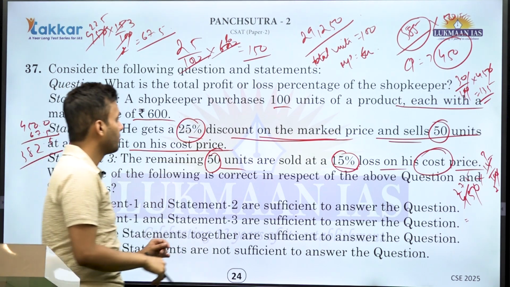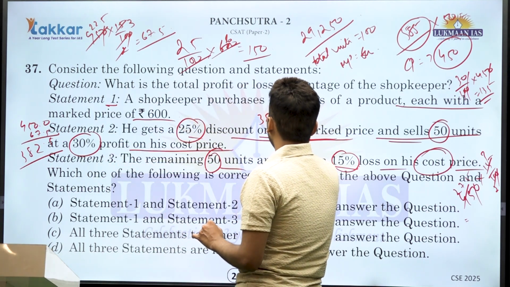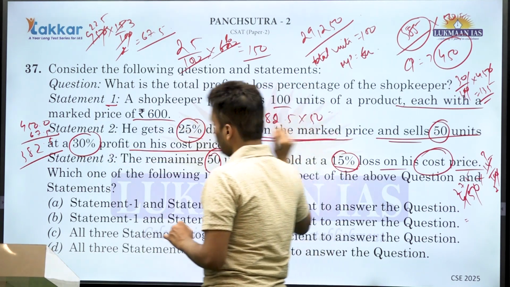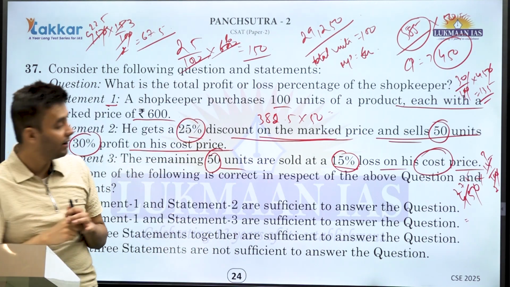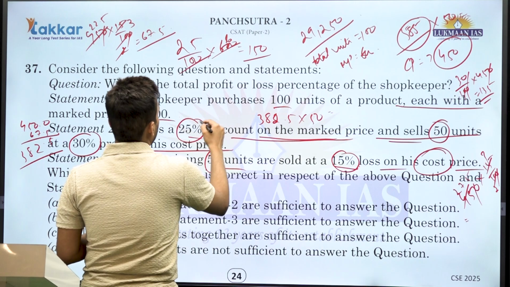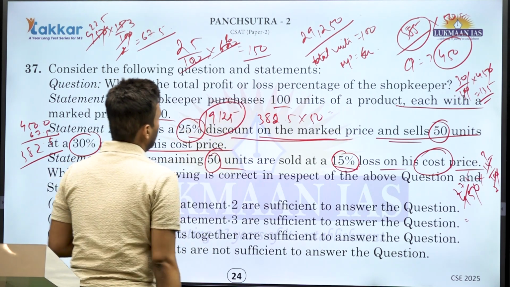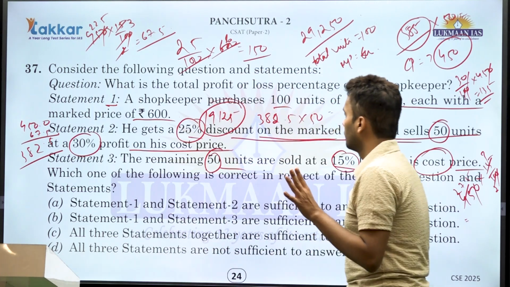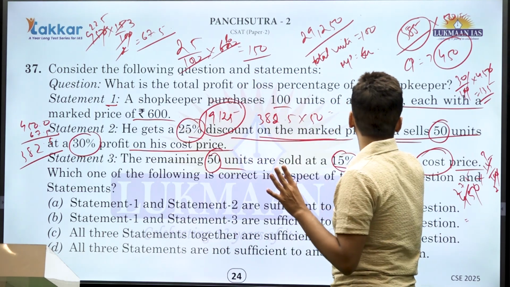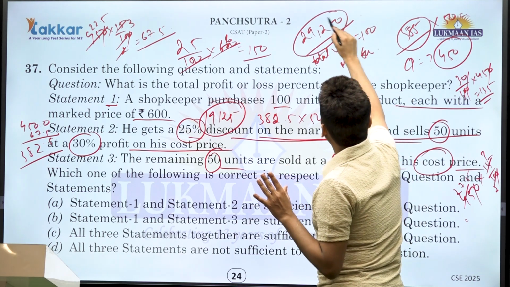Okay. Now total sell, 382.5 into 50. How much will it be? Into 50, that is 19,125. So now we know the selling price of both the items. From statement 2, we got some value, 29,250.